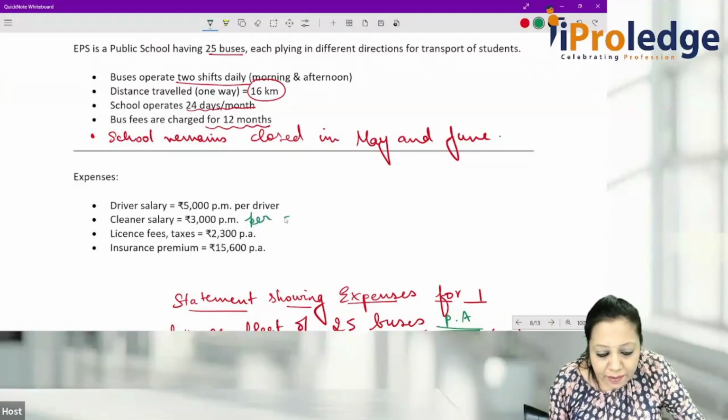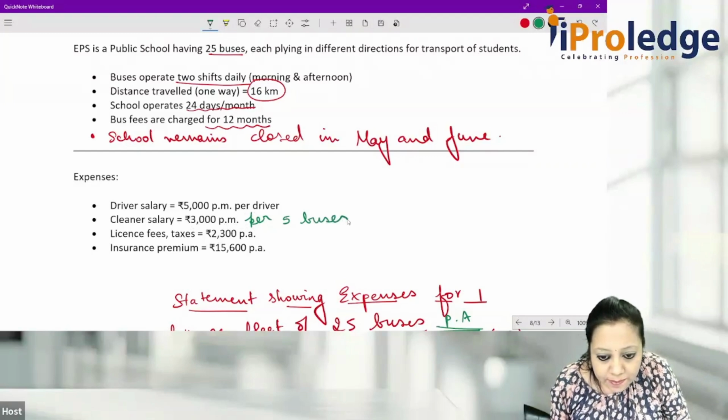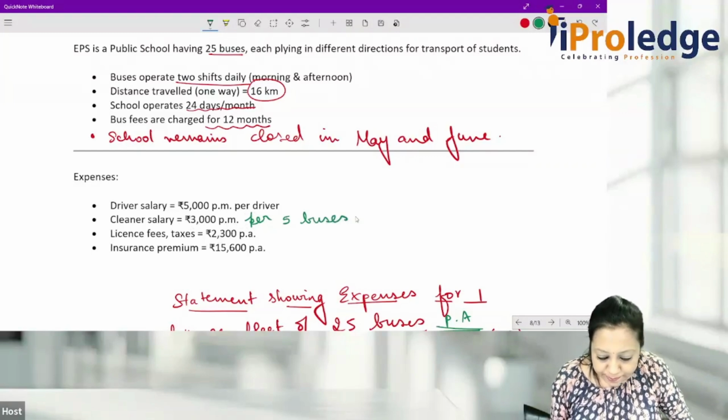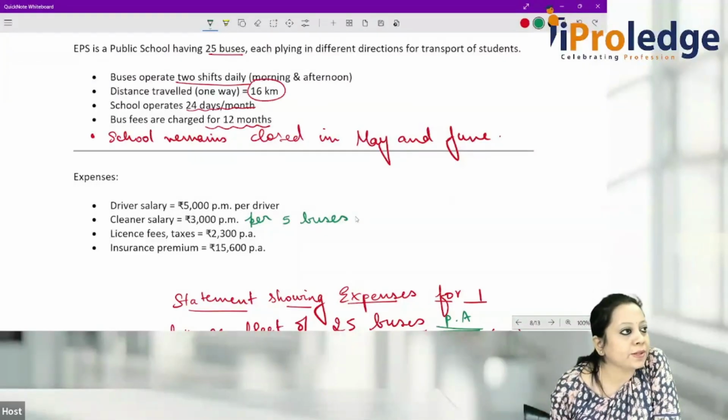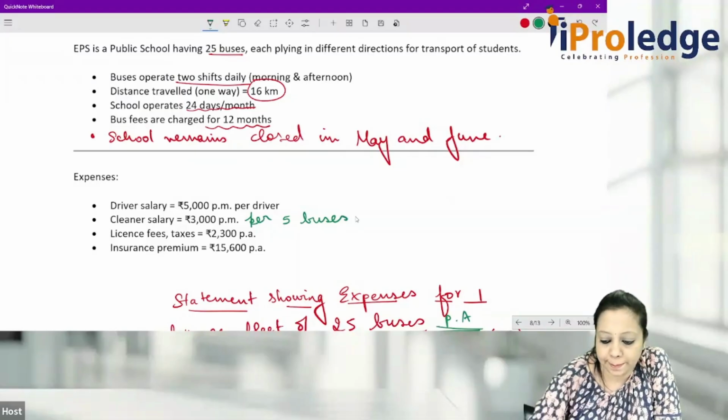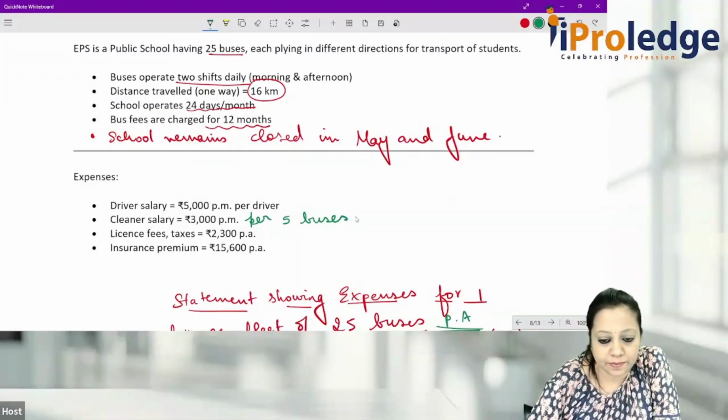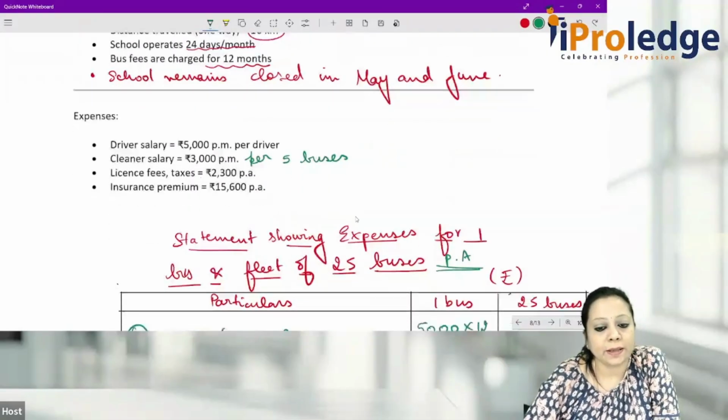Per five buses. Okay, so don't worry, it will be updated.